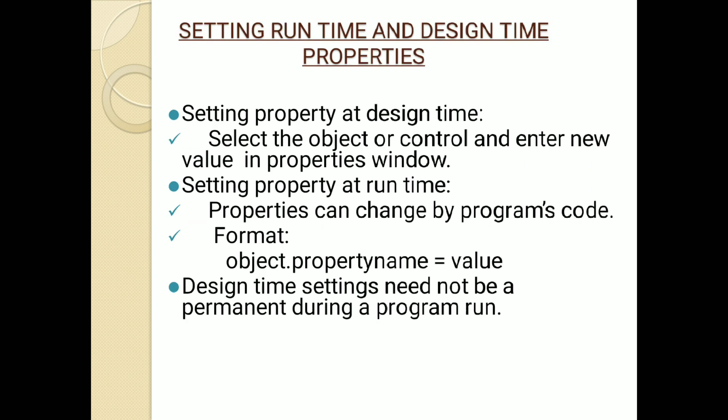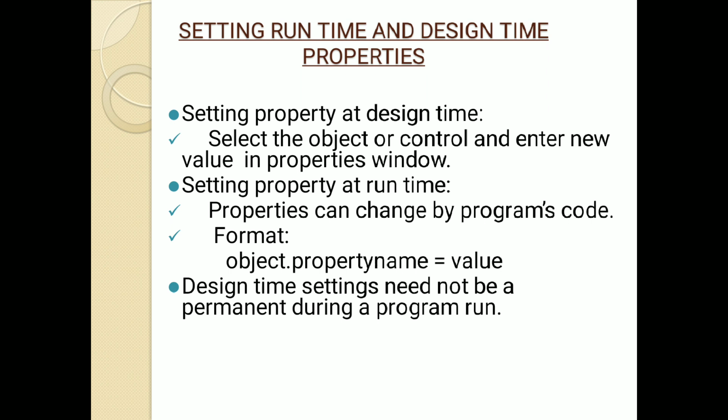Then how can you set the properties for the control at runtime and the design time? So there are two ways. I already told you there are two ways for setting the properties for the object. The first one is setting property at design time. Select the object or control and enter new value in properties window.